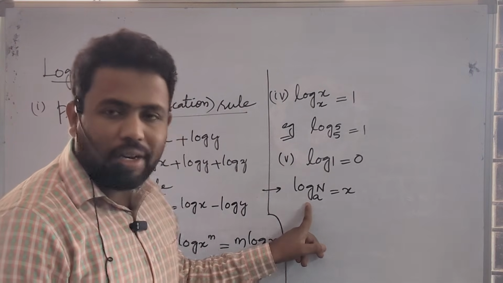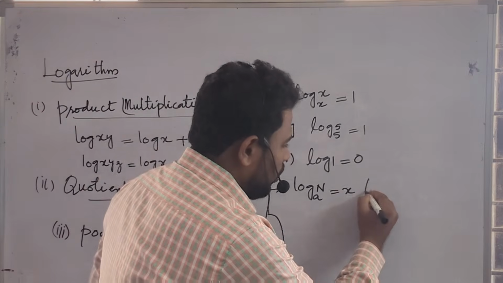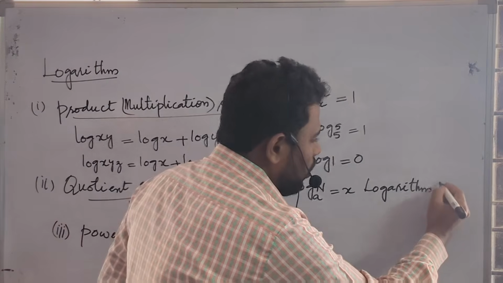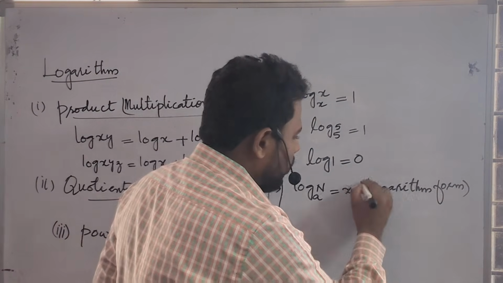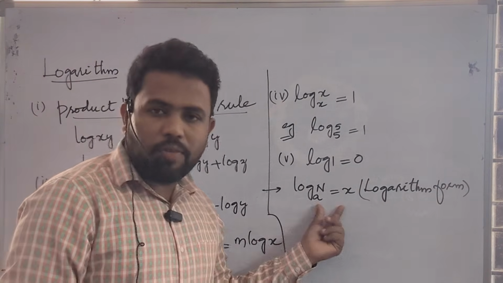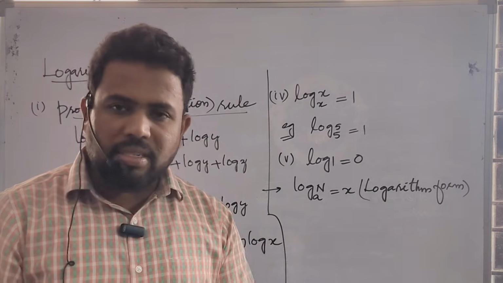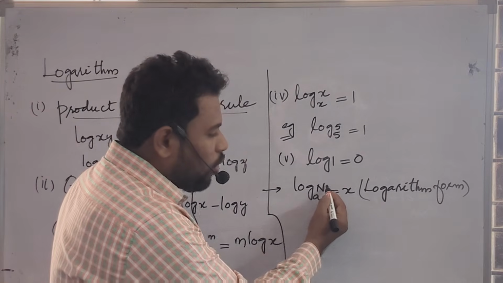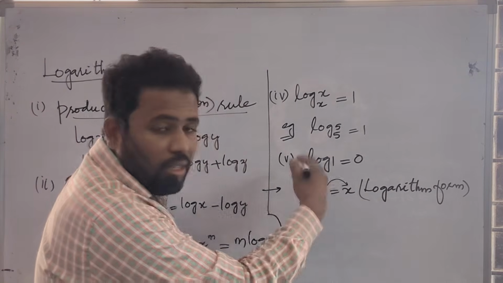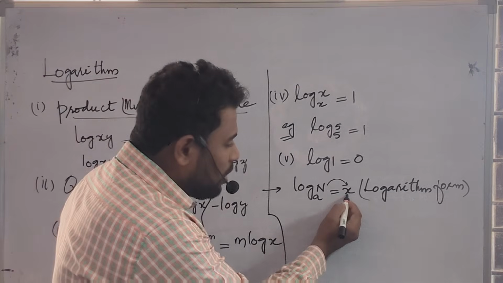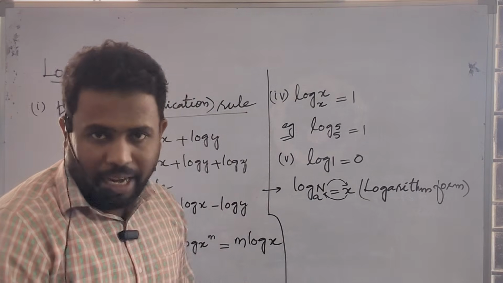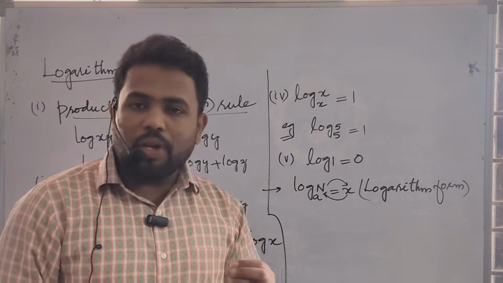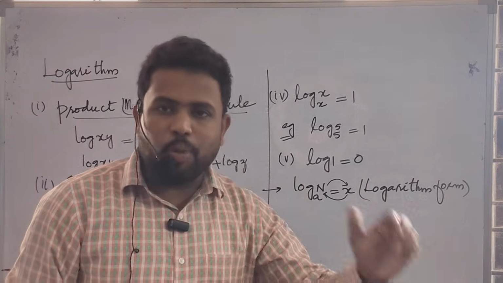As there is a log here, we call this the logarithm form. Now, if you want to convert the logarithm form into exponential form, there is a very simple step we are going to follow. See, this n, we are going to shift to the right hand side in the place of x. Then this x will shift in the place of n. So if you follow this basic trick, we convert the logarithm form into exponential form.